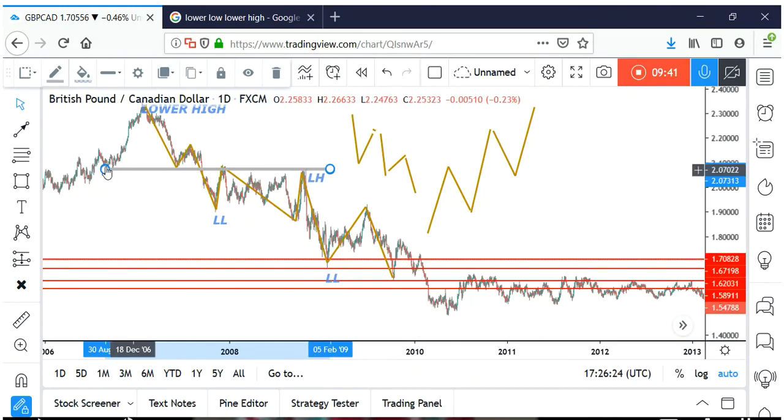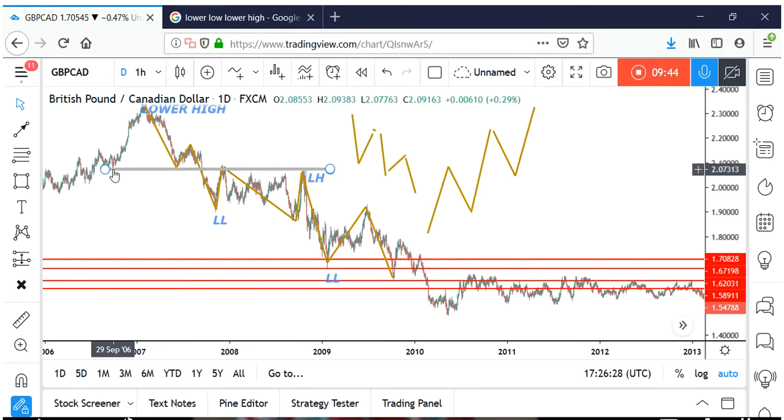So this line here acted as support, support, resistance, resistance, and resistance. So you could put a sell. After you've seen this happen after this break, you could have sold here, sold here, sold here, and made all these pips.